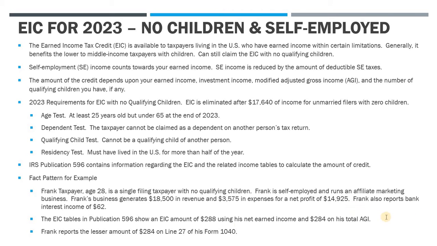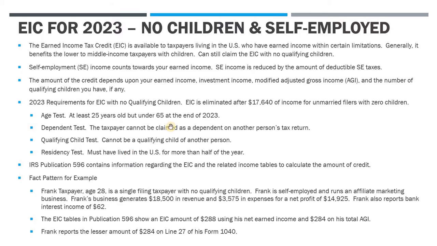Now on the investment income side, he has some interest income in his bank account totaling $62. All right, so now when we go through the worksheets, what we're going to find is that he's going to get an earned income credit amount initially of $288, and then the second computation based on his total AGI is going to be $284, and so the earned income credit that you use is the lesser of the two amounts.